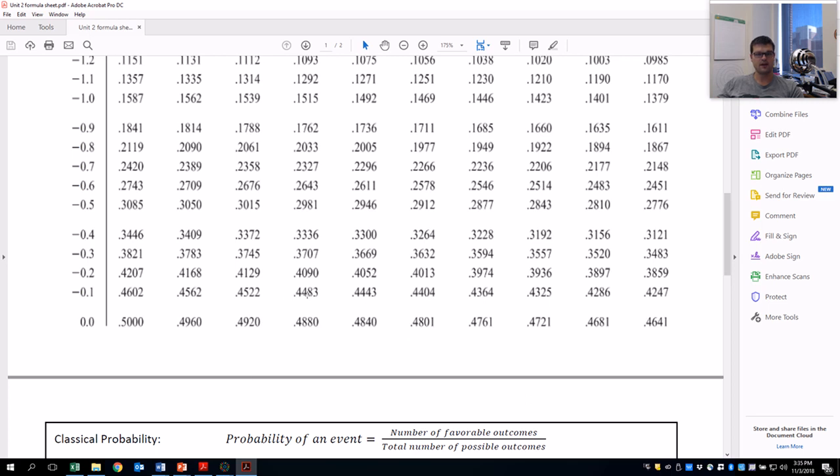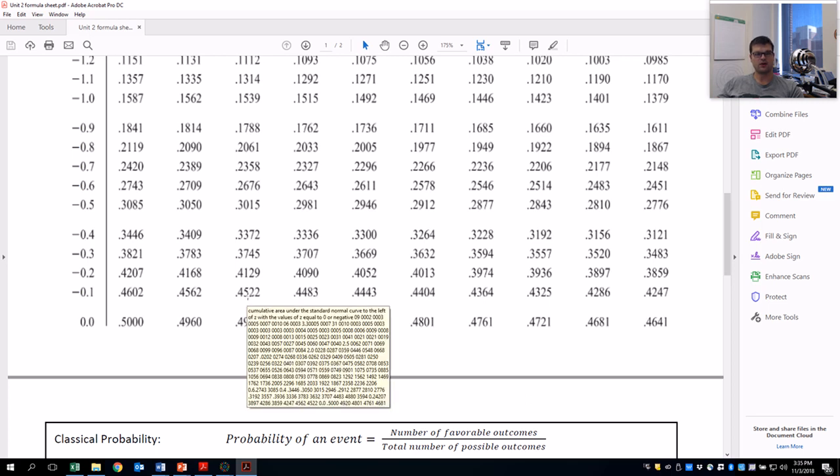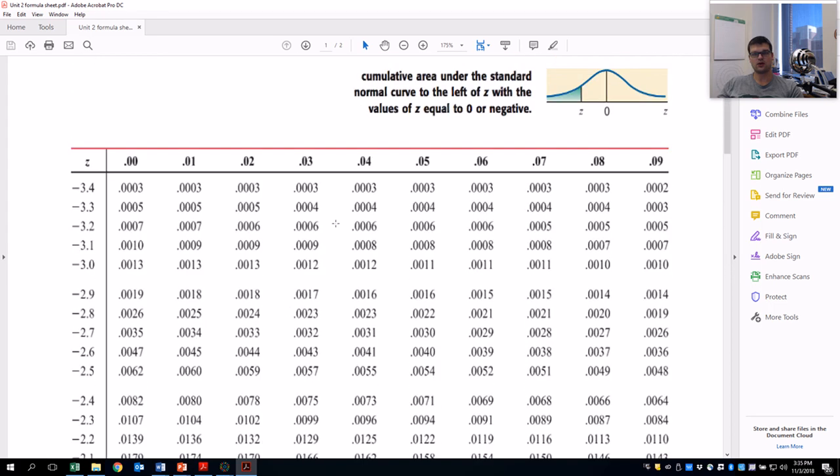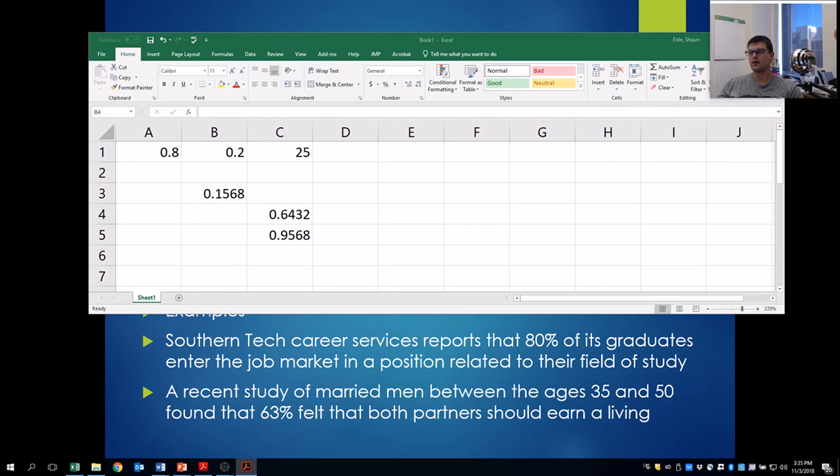This is the wrong one, sorry. We want the unit 3. Formulas, t-distribution, there we go, this is what we want.